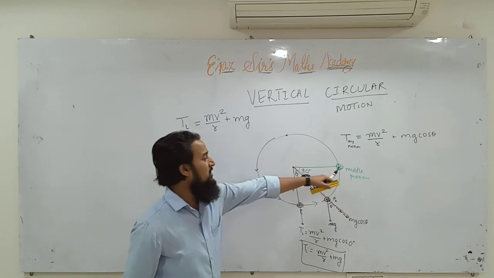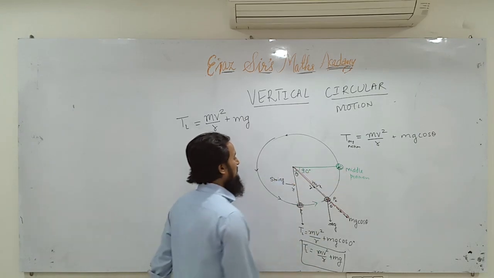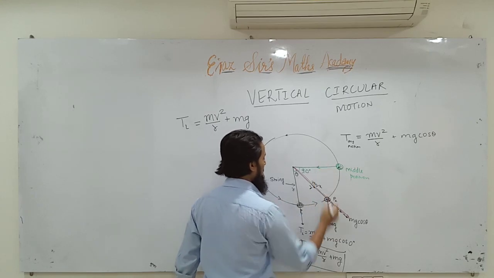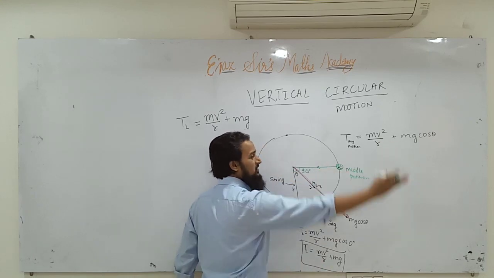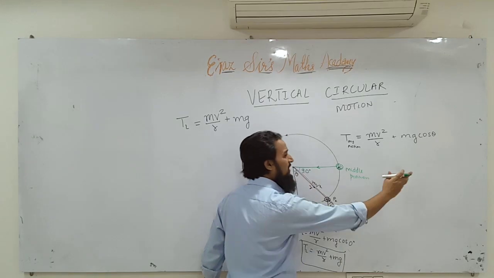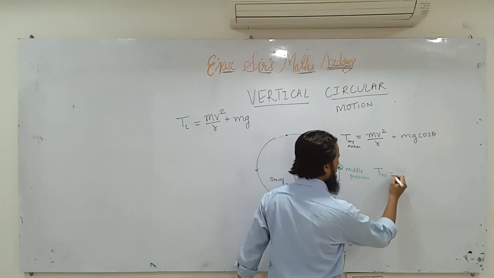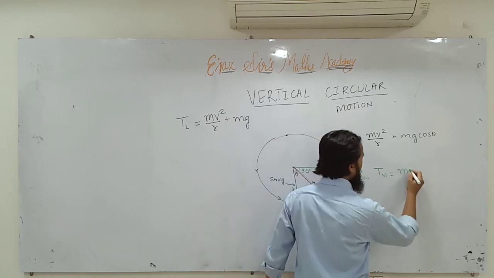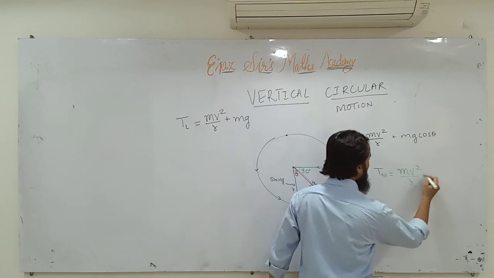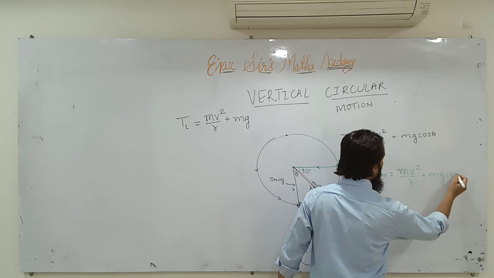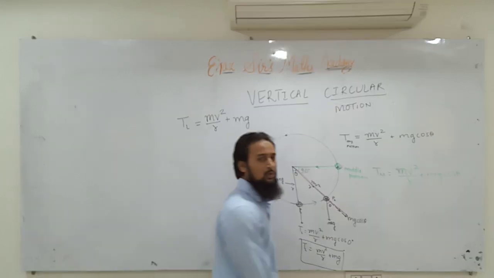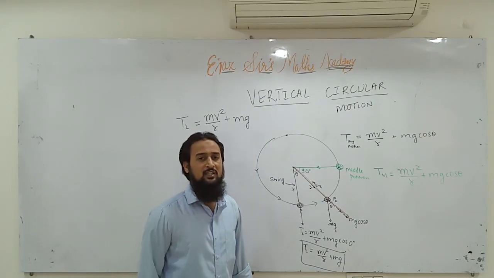How much will be the tension here in the string? We know tension acts towards the center, and centrifugal force is acting away from the center of the circle. Tension in the string at the middle position will be equal to mv square by r plus mg cos theta. Our general formula for tension at any position.